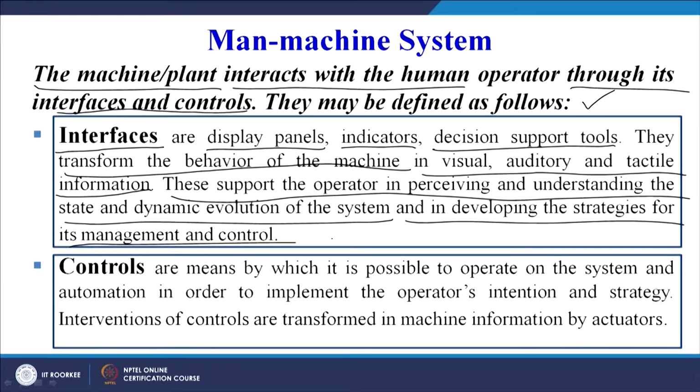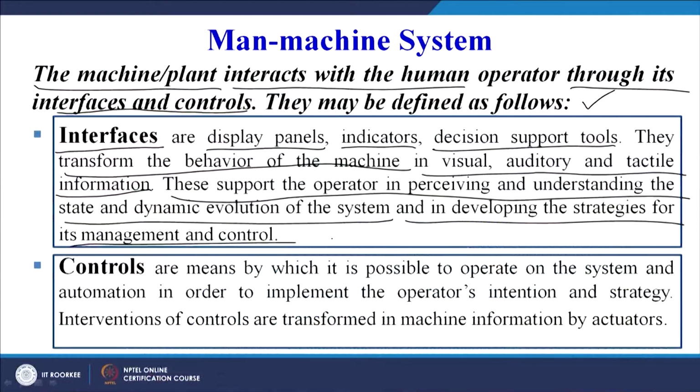Now what are the controls? Controls are means by which it is possible to operate on the system and automation in order to implement the operator's intention and strategy. Now I have seen the information, that is the interface, I have understood, perceived and processed the information, and found out that there is something wrong. Immediately I need to pull a lever so that the machine must stop.